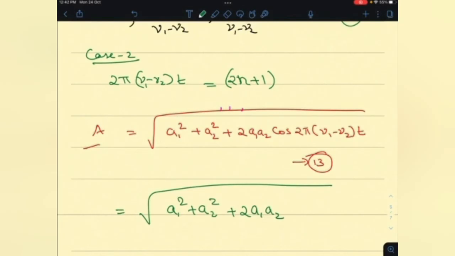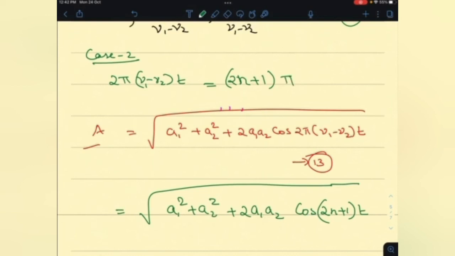When n is equal to 0, you have cos π, and it will be minus 1.